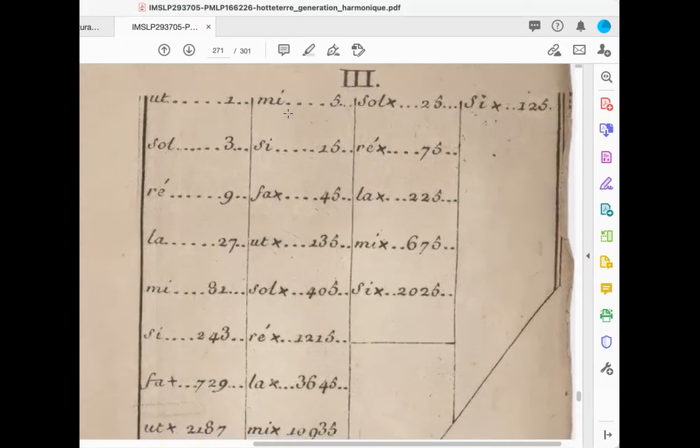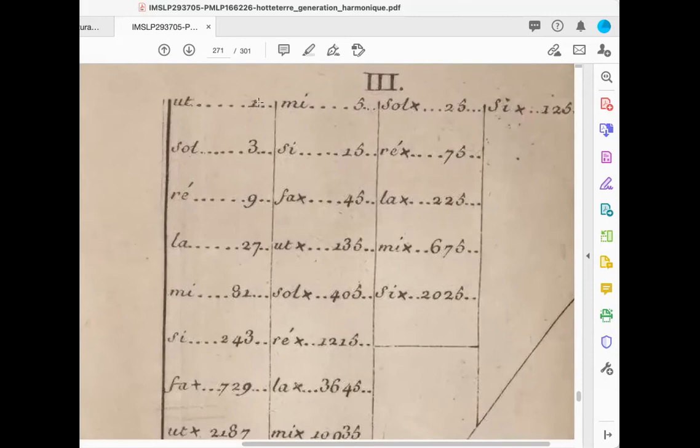And we can see other tuning discrepancies that are familiar to us on this table. So for instance, if we go up a series of fifths, C, G, D, A, E, we end up at an E that is 81, okay? But we also have the pure E, a pure major third above C, which is 5.